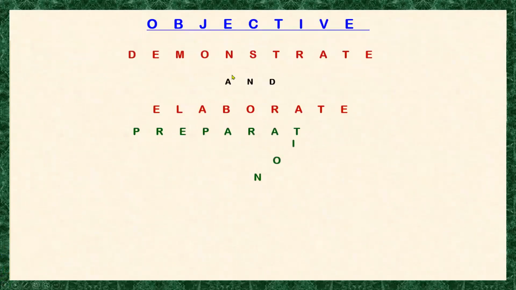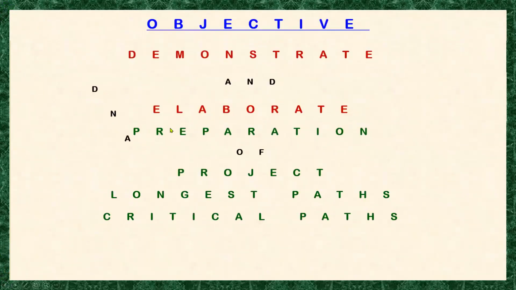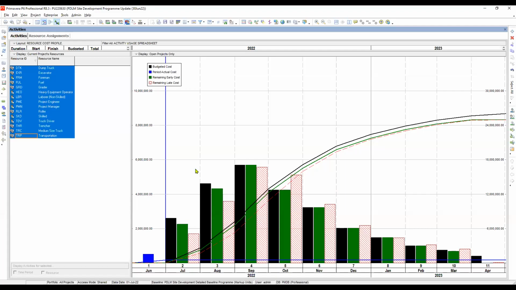Our objective here is to demonstrate and elaborate the preparation of the project longest path, critical path, and look ahead schedule. So let's open our project. Okay, here we go. This was our last layout or view in our recent episode.